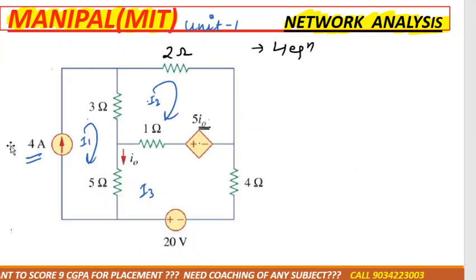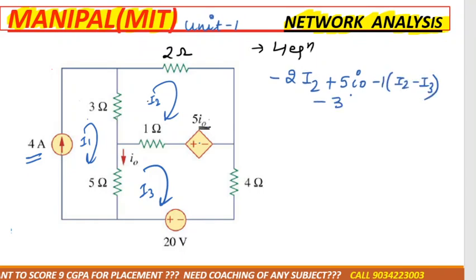Okay, now next, 3 mesh means 4 equations. Again we need to take it from the mesh: minus 2I2 plus 5I0 minus 1 into I2 minus I3 minus 3 into I2 minus I1 is equal to 0. So this is the first equation.